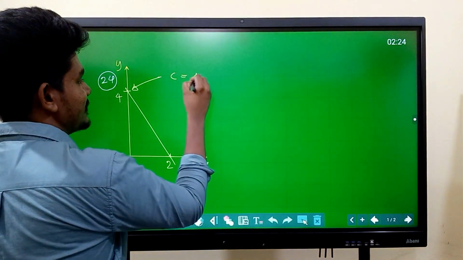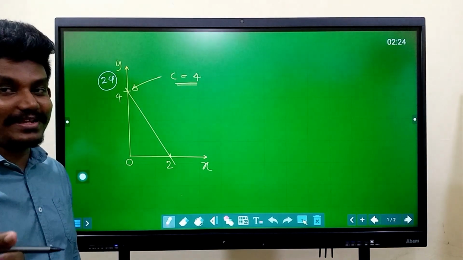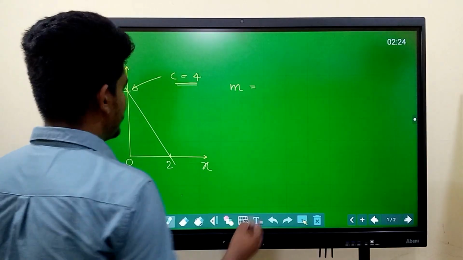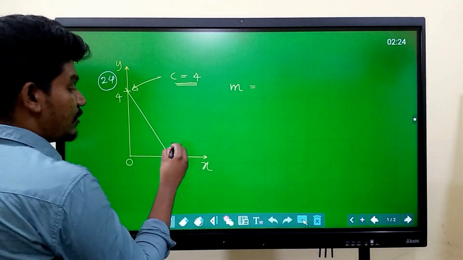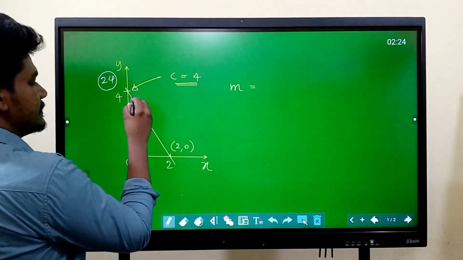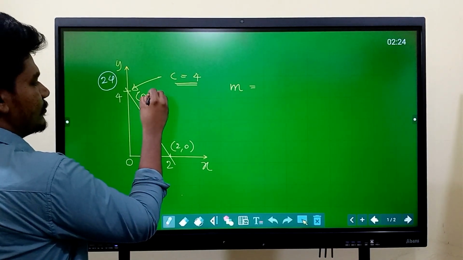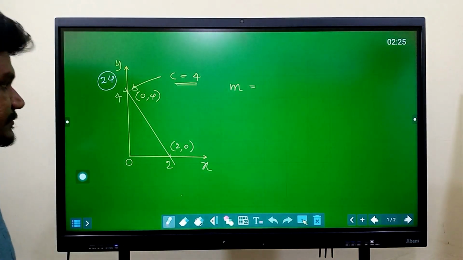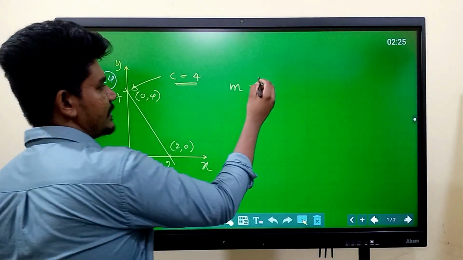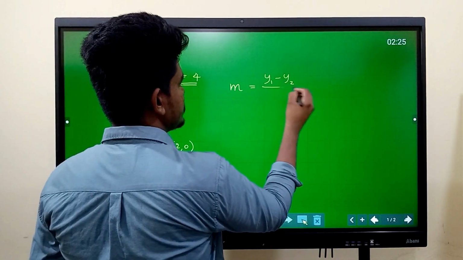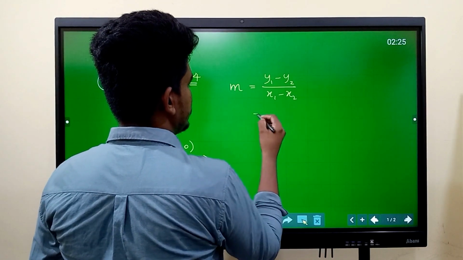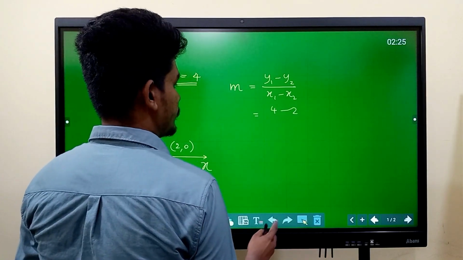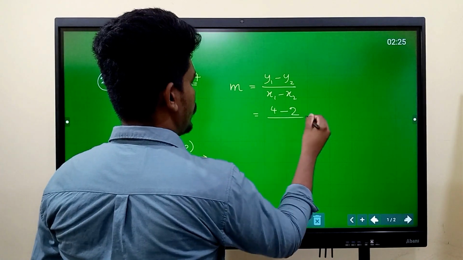C equals 4. Then we have to calculate the gradient m. How can we find that? We have to consider the coordinates for that. This is 2, 0. This should be 0, 4. First we write the x coordinate and secondly the y coordinate. Now we find it using the formula, the difference of y values over the difference of x values.